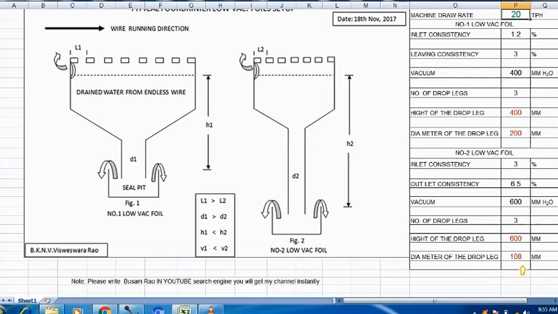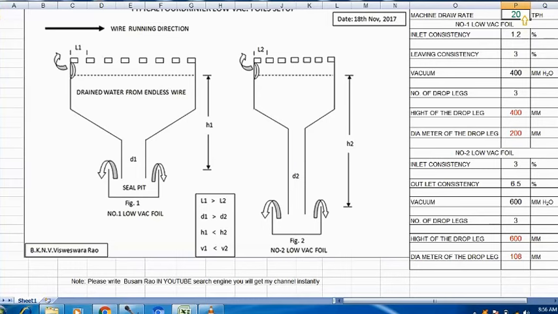So 3 pipes of 4 inch are required for draining all the water collected to enhance the consistency from 3 to 6.5, at the draw rate of 20 tons. So like this we can understand how to calculate the diameter of the dropleg.